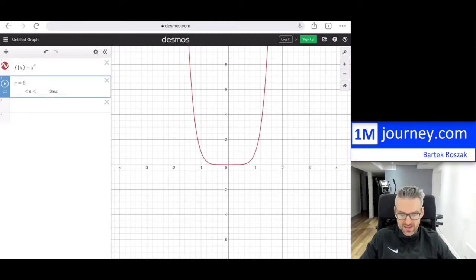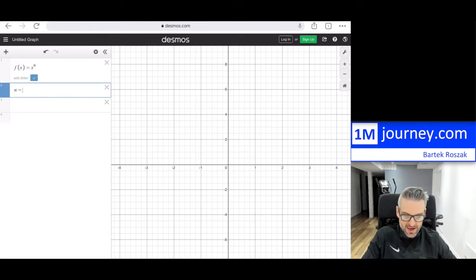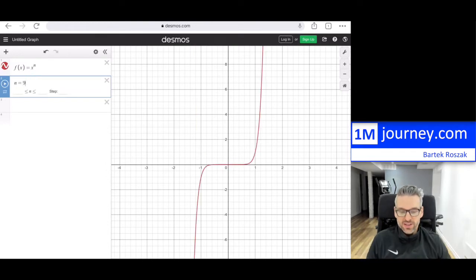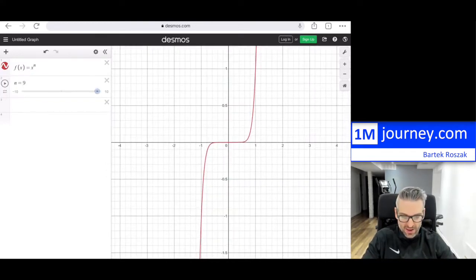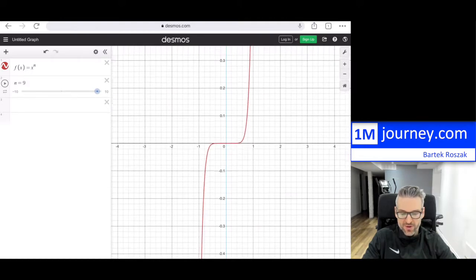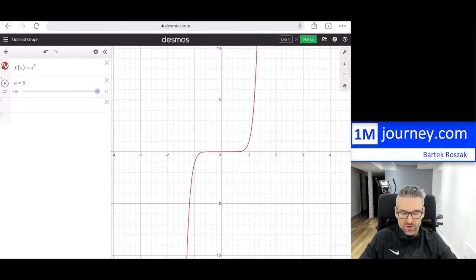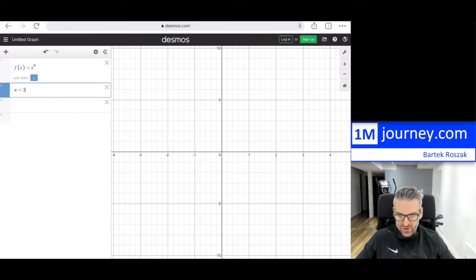Notice 6, and then 7, and 8, and 9. All you're seeing really is that towards 0 they get squished down, and then they really start to blow up, but they look the same. So all of those parent functions can be captured by 2. There are only 2 differences.